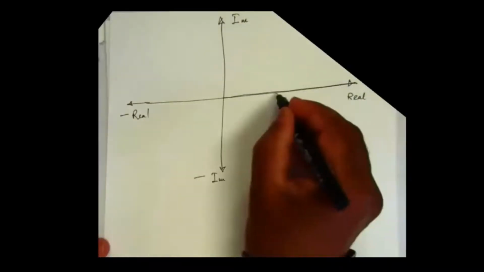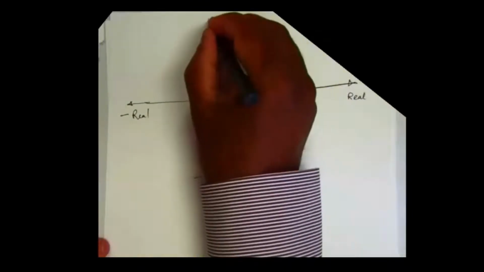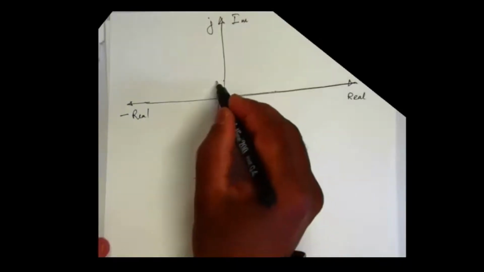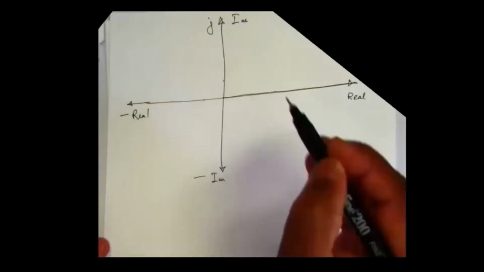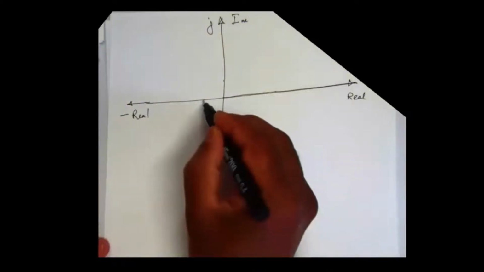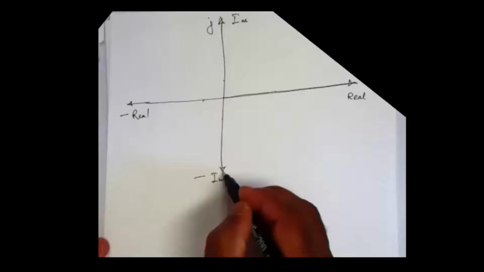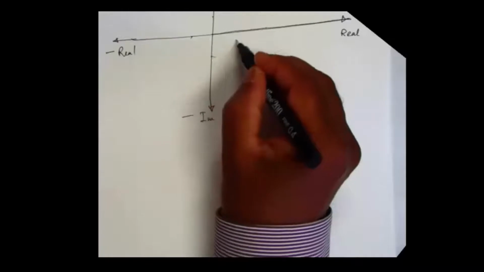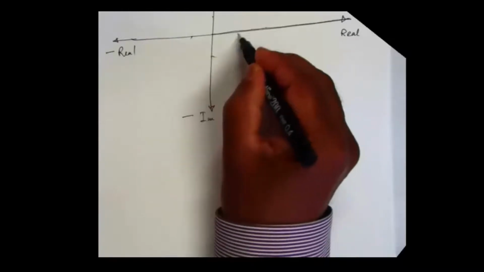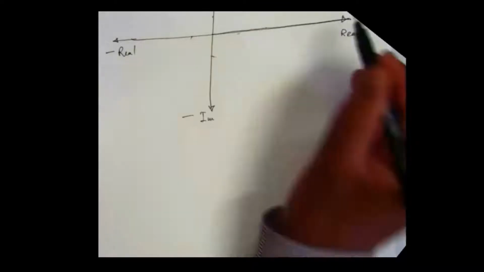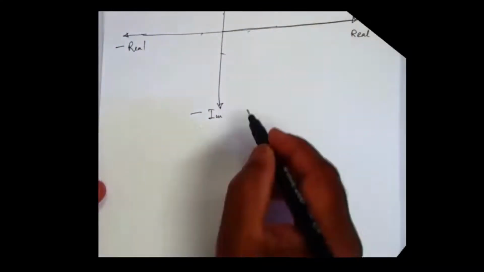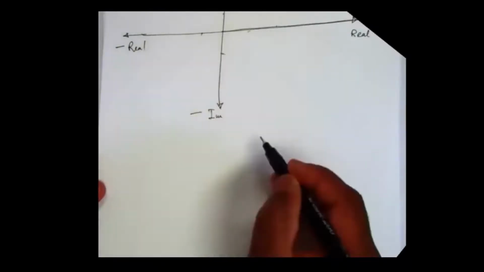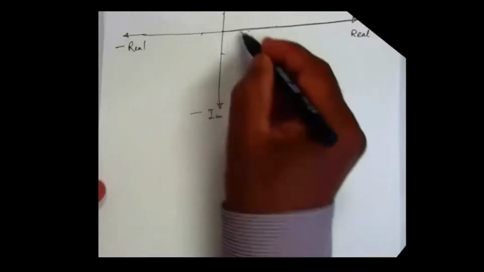When you multiply that by j, it rotates by 90 degrees, and when you further multiply it by j, it rotates by 180 degrees, and when you further multiply it by j, it comes to another 90 degrees, that is the negative imaginary axis, and further multiplication by j, it comes back to this. So we can prove that what we are doing is tallying with the definition of complex number.